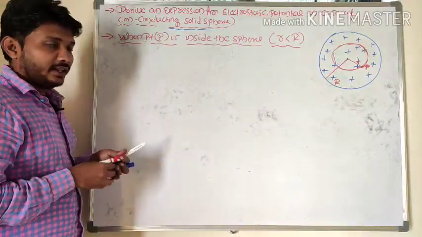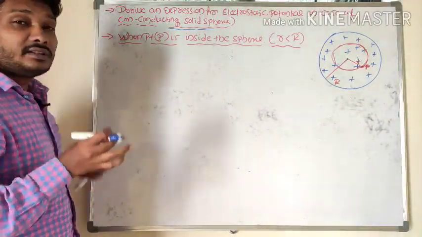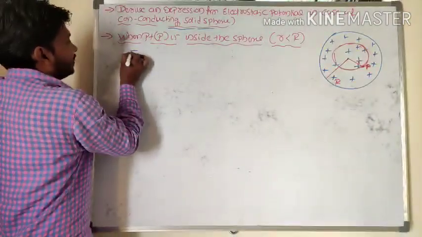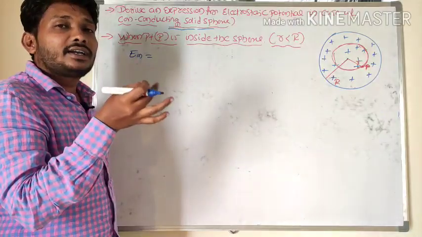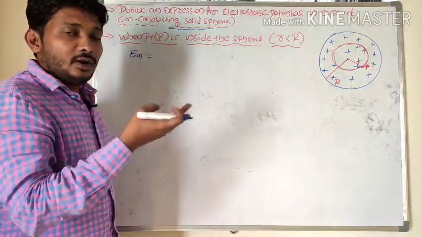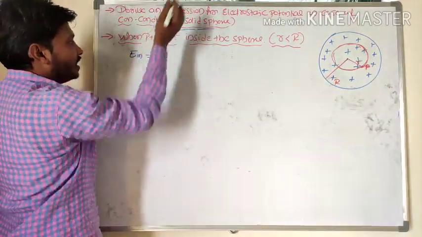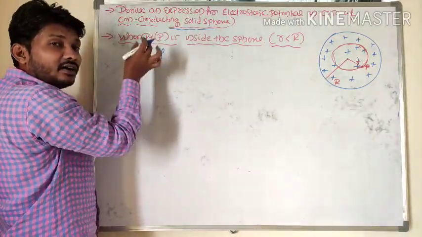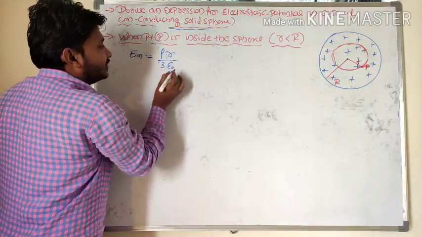In order to derive that equation, I will use the same formula here. What is the equation I got? Electric field inside that non-conducting solid sphere. So please open the notes and look at the formula. I derived that equation: electric field inside a non-conducting solid sphere is rho into r divided by 3 epsilon naught.